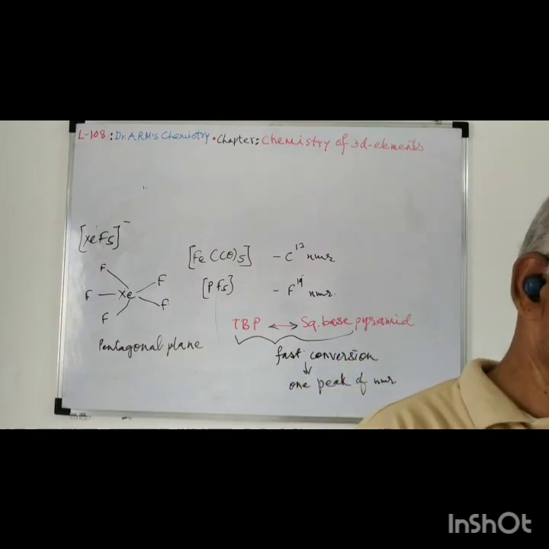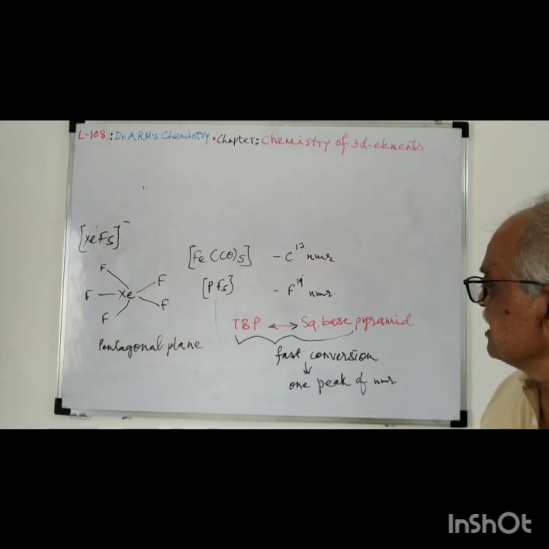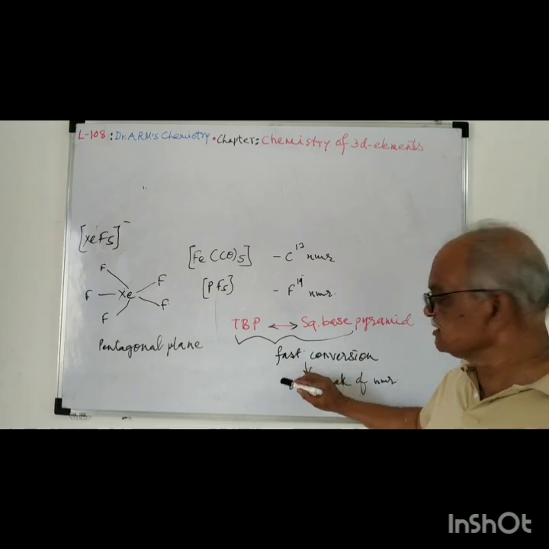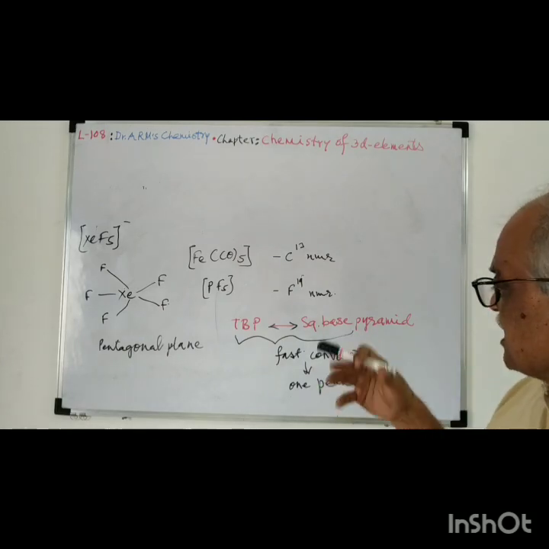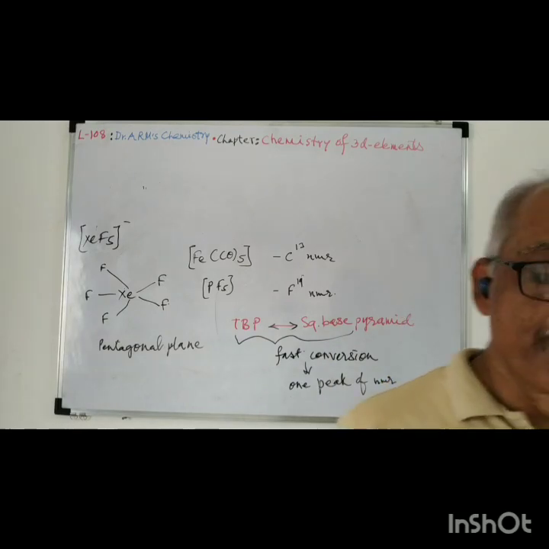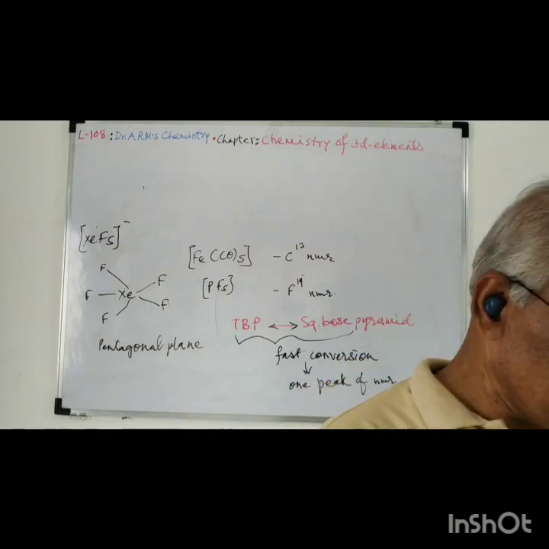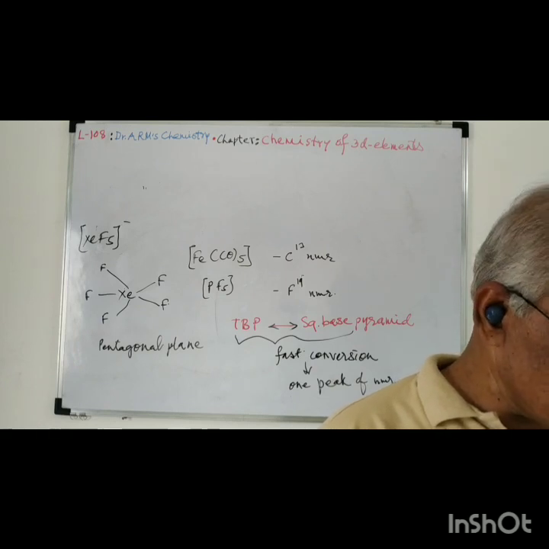So this shows that the structure is undergoing interchange. When the time of conversion is large, then only we will get different peaks. Different peaks are observed in that case. So the time of interconversion is important.